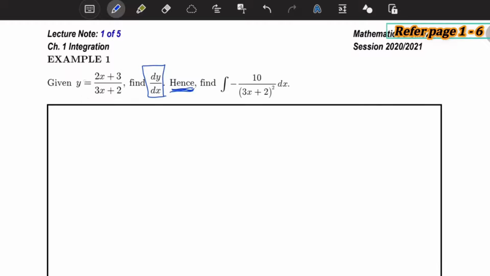If we notice here, the function is in division form, meaning that we need to use the quotient rule. So you need to recall your differentiation. What is u? u is 2x plus 3 and v is 3x plus 2. u prime is 2 and v prime is 3.